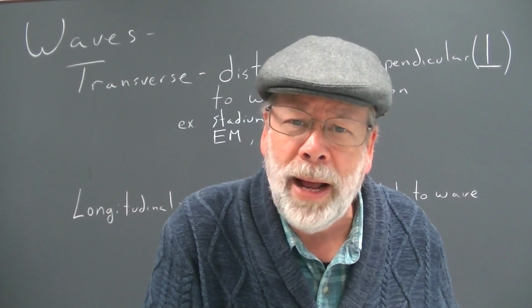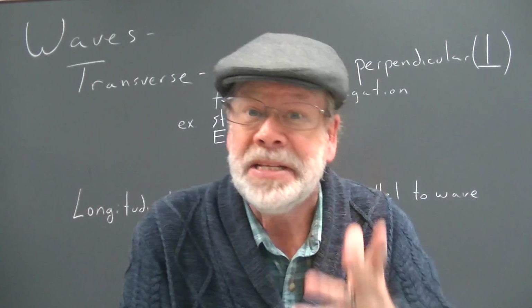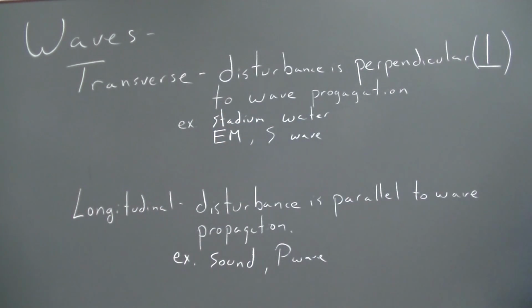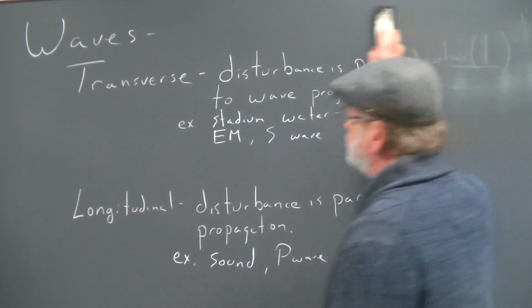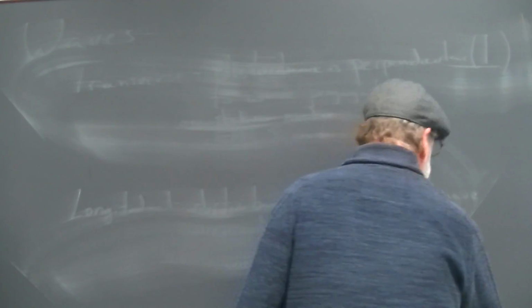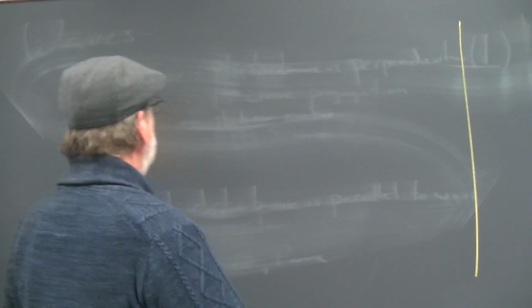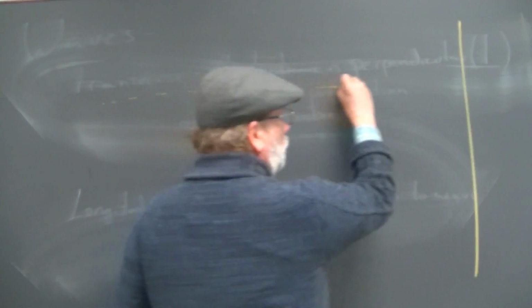Now we want to talk about what happens to waves at boundaries, because this is pretty interesting. So at a boundary, let's consider a boundary here. You got that? Here's a boundary. All right, now a wave is moving towards the boundary.